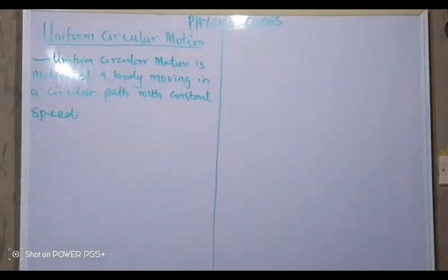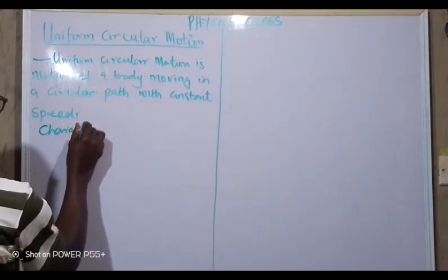Motion of a body moving in a circular path with constant speed. That's what is meant by uniform circular motion.